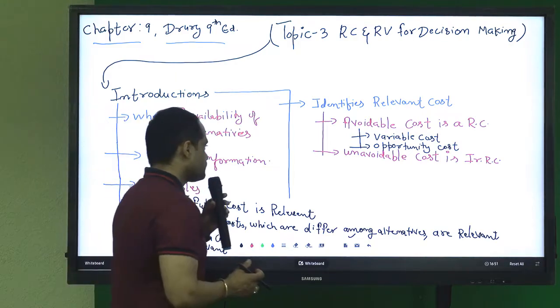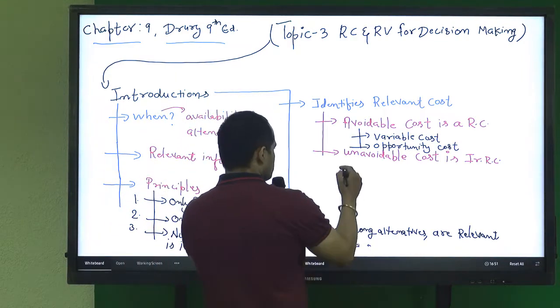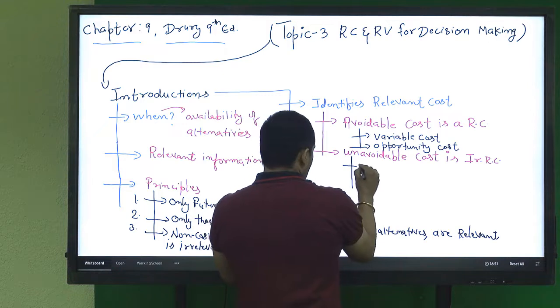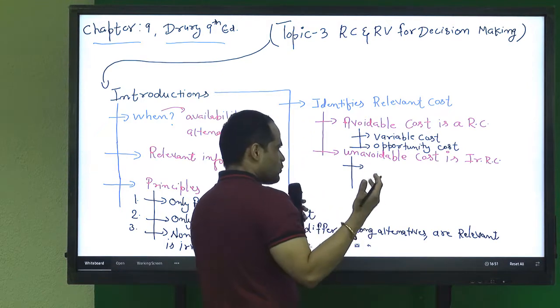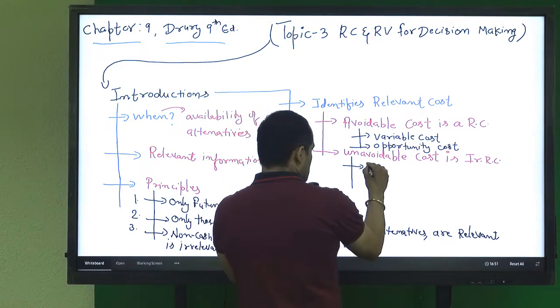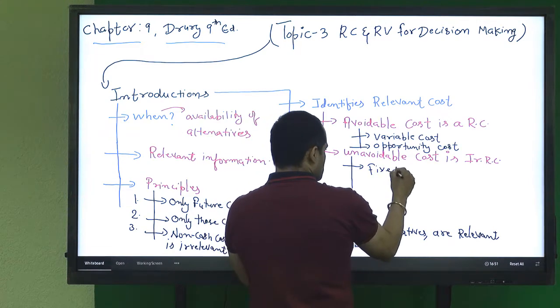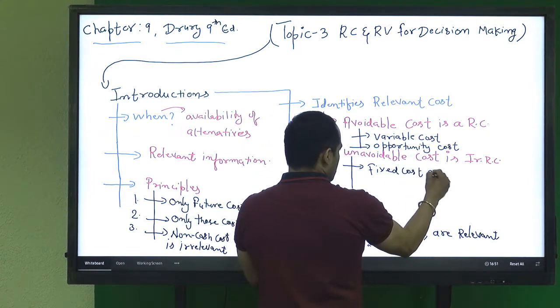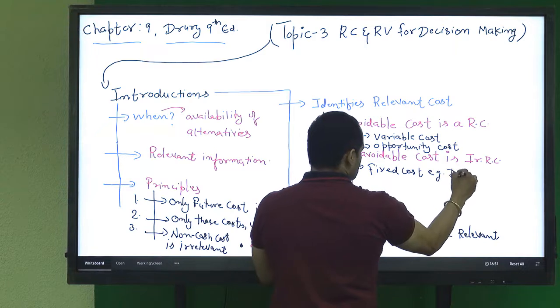Next is unavoidable cost. Unavoidable cost is any kind of cost that we cannot change, such as fixed cost. The example is depreciation.